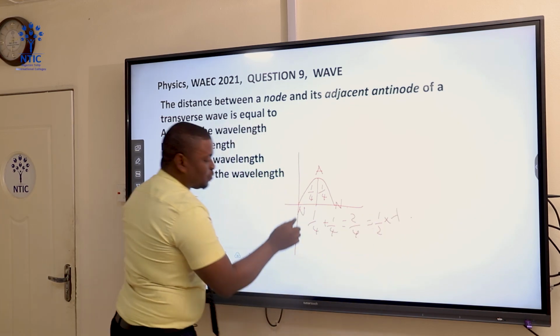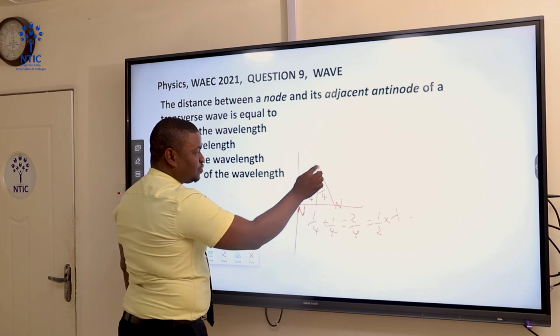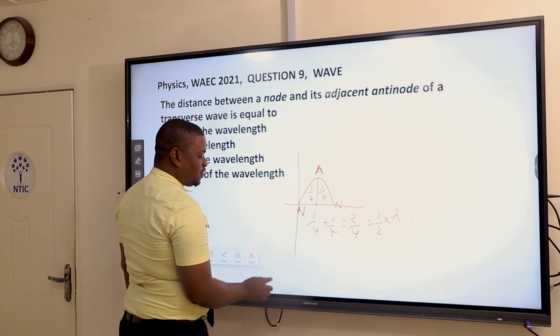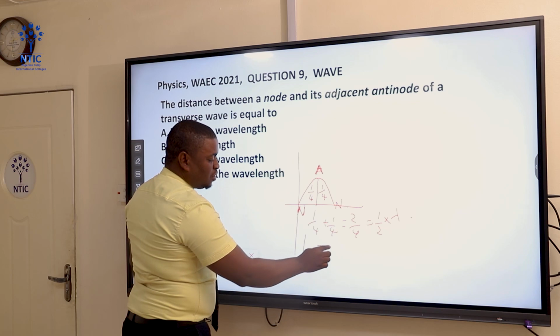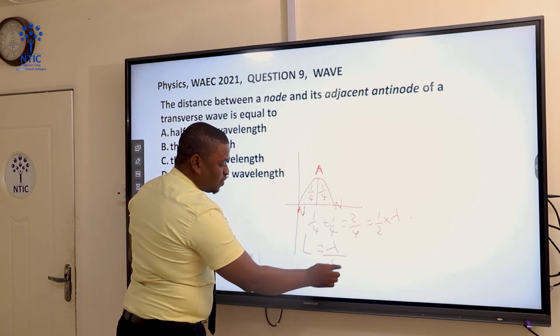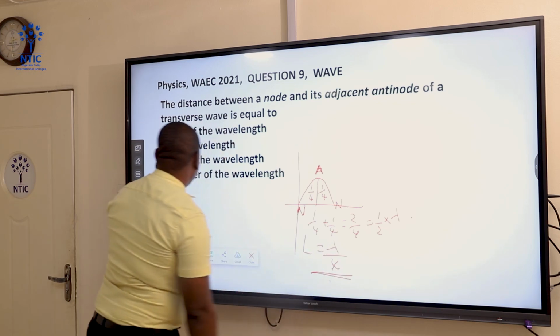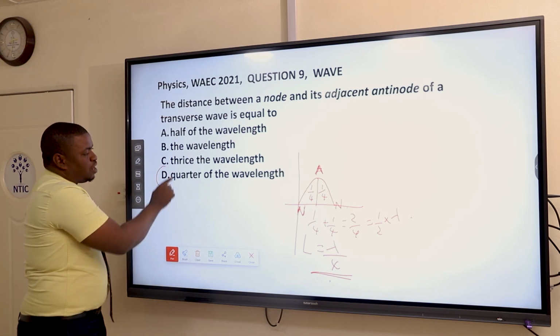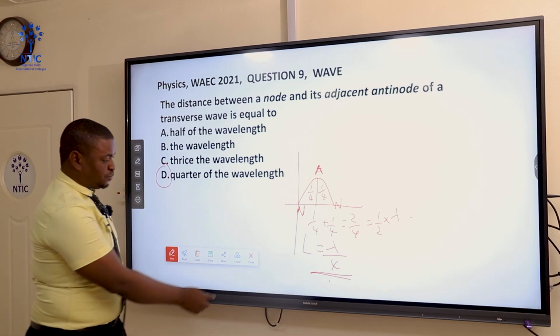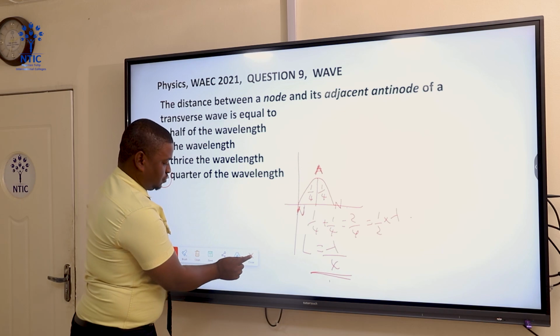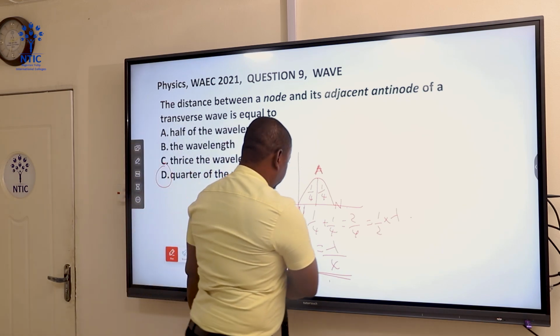So it means that if I'm talking about a node and antinode, the distance is 1/4 of the wavelength. So the answer is what? D, which is a quarter of the wavelength. Next.